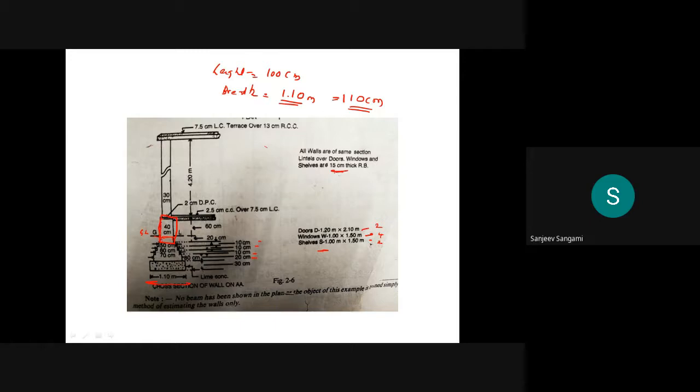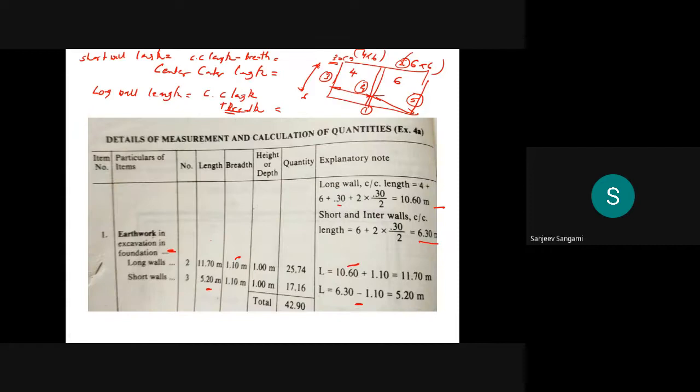It is completely plinth wall. They are extending the plinth wall up to here. So then it will be 60 plus 20, then the height will be 0.8. Similarly, you calculate for short walls also.